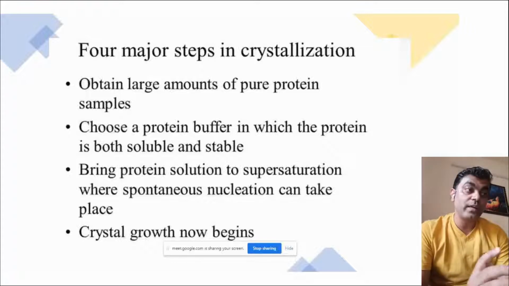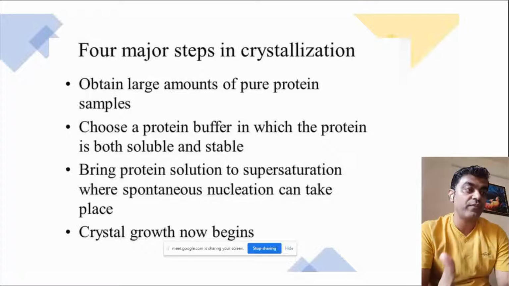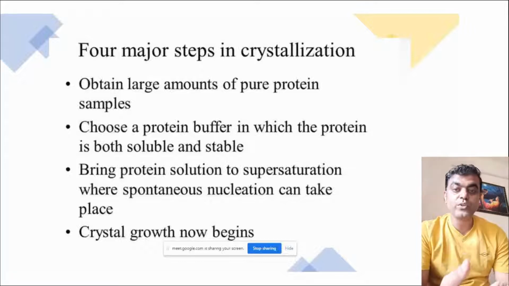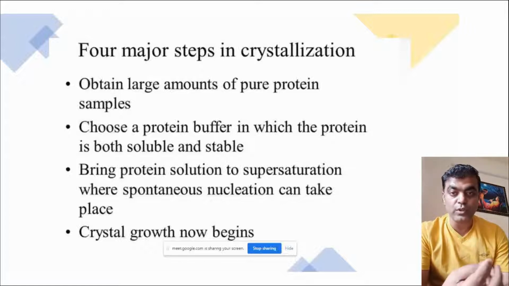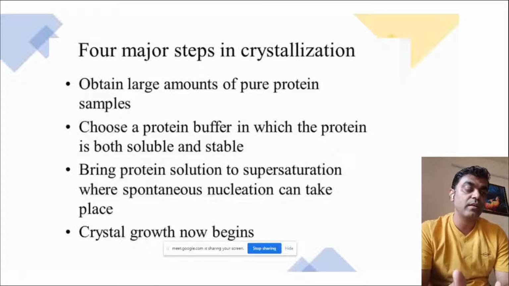Now to achieve this, we have to select a lot of protein buffers in which the protein has to be soluble first, and then by various processes these buffers will slowly evaporate and move away, leaving behind the crystal in its true form.